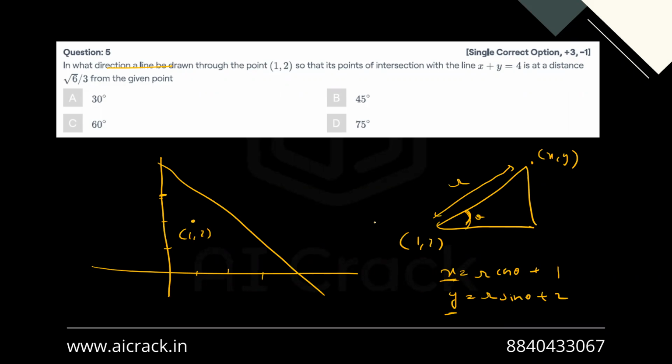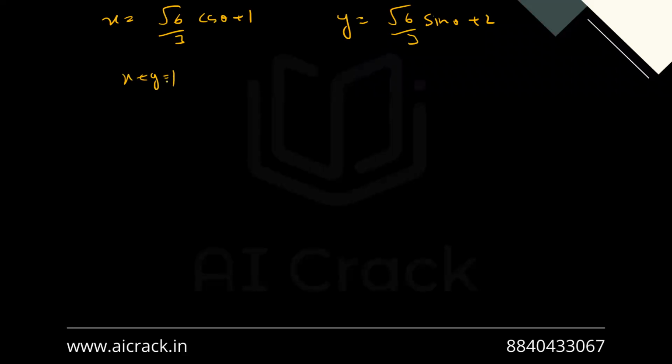Now we can put this point on this line because it's satisfying this line, right? r over here is √6/3. So we have x = (√6/3) cos θ + 1, and y = (√6/3) sin θ + 2. Now we have x + y = 4.